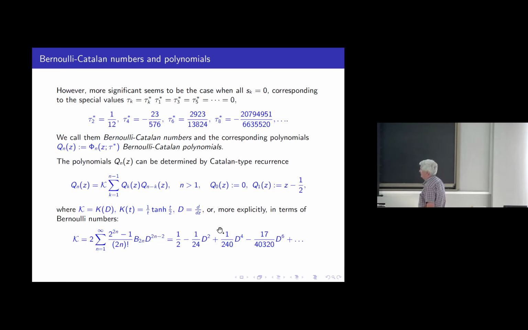Now let me remind you that this is a polynomial, so this is well defined. But here the coefficients are Bernoulli numbers. So this is why we called it Bernoulli-Catalan, because this relation is the Catalan relation, and K is made from Bernoulli numbers. So this is quite complicated, and this is how they look.